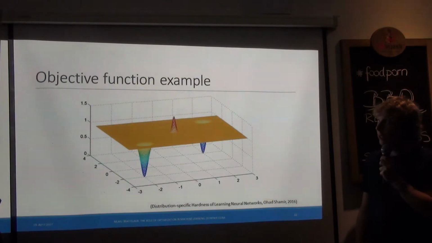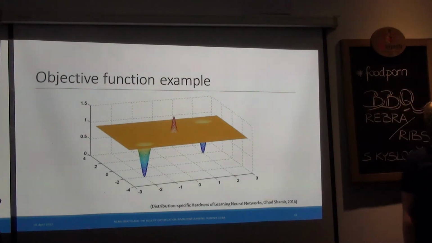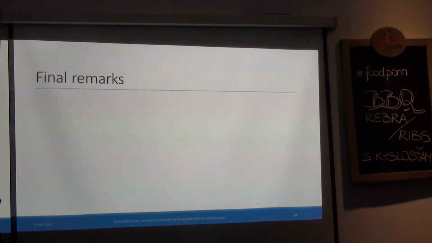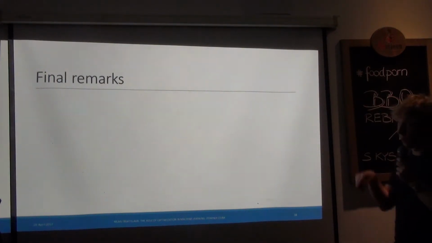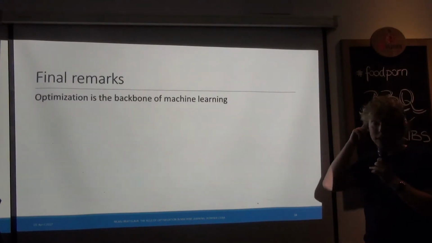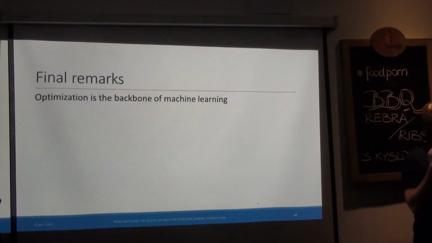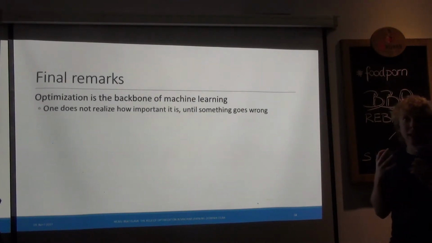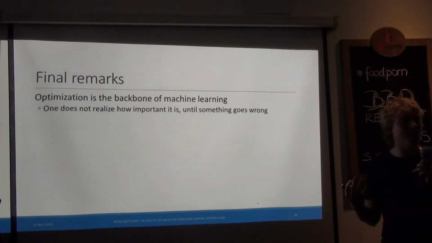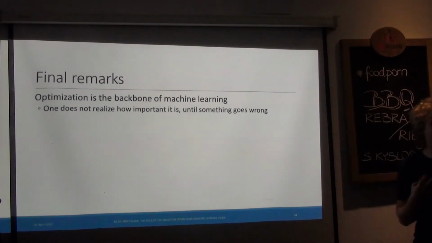Okay, I have one last slide actually. Yeah, I just want to do a final recap of this whole talk. So what I wanted to say in this talk is that optimization is kind of a backbone of machine learning, right? What I mean by that is that it's completely fine not to know anything about it until it starts hurting, until something's bad, right?